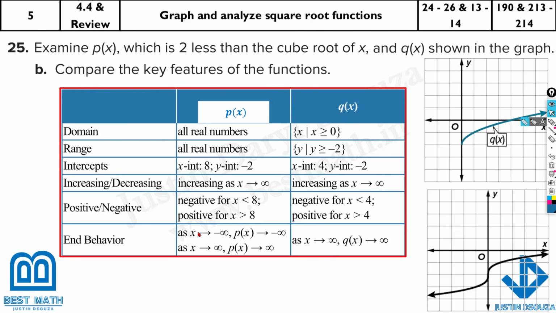What about the end behaviors? I told you, memorize this. x goes to infinity and minus infinity. Now here, if you look carefully, at minus infinity, on the left side, it is going to minus infinity. It's going downwards, whereas at positive infinity, it's going upwards. Look here, is there any part of the graph on the left side of the y-axis? No, so you can ignore minus infinity.